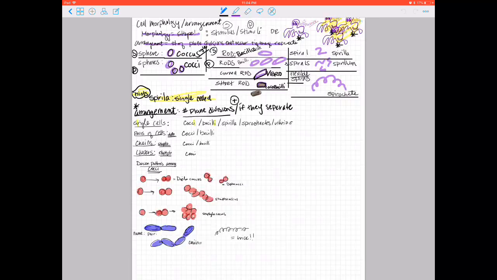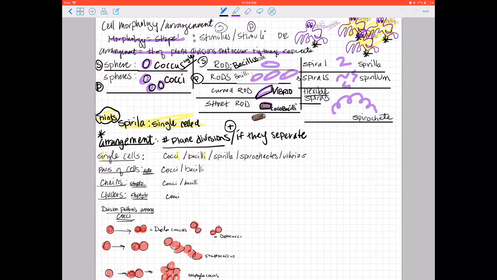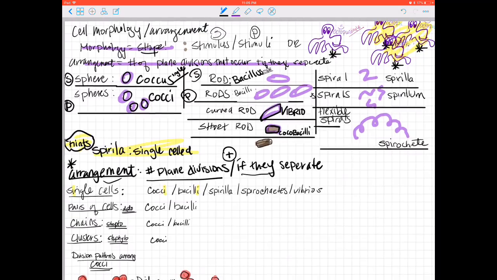Okay. Now we're in cell morphology. Now this is really important, right? Because this is when we actually grow the bacteria in a nutrient, whether it's an agar plate or nutrient media. Let's talk about morphology.